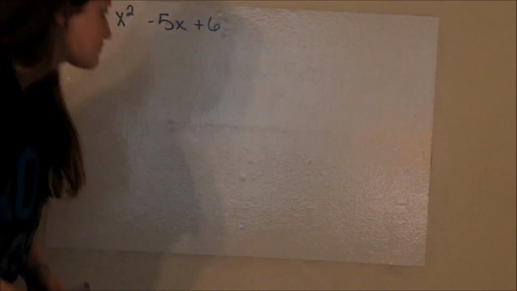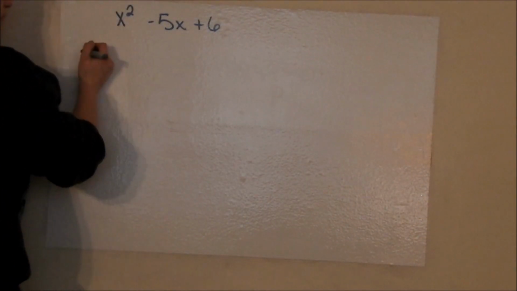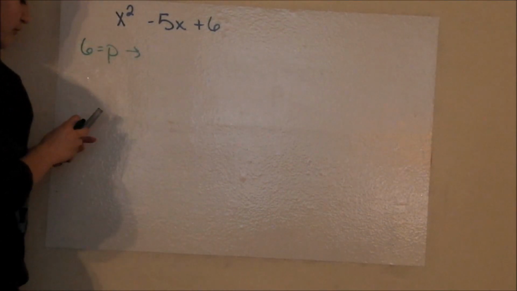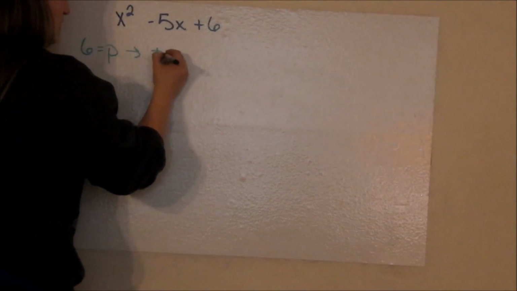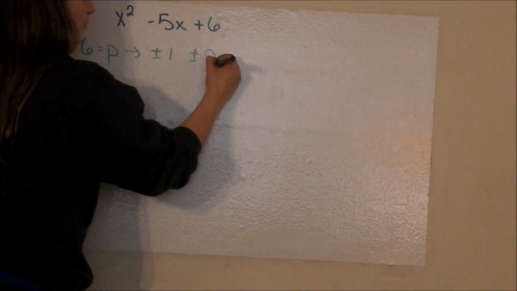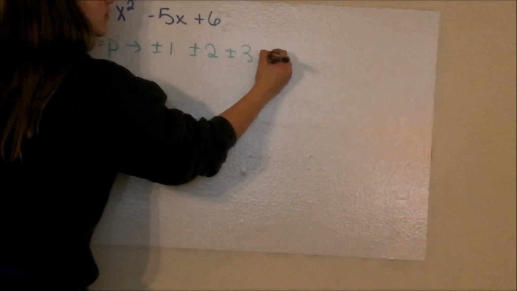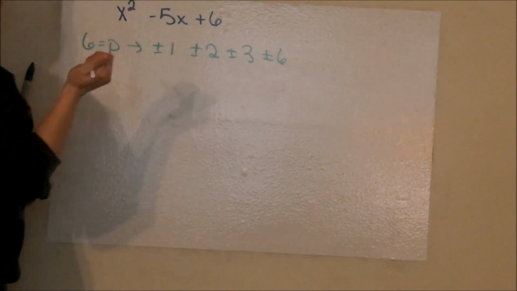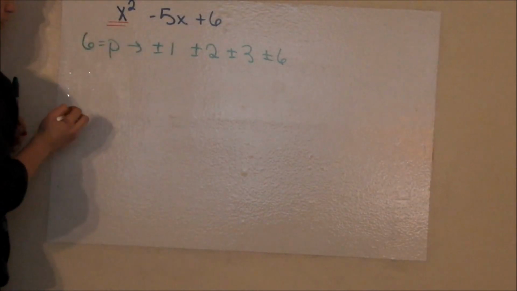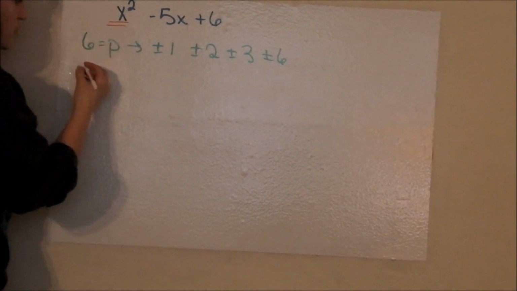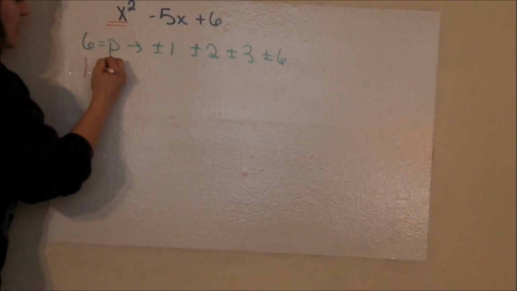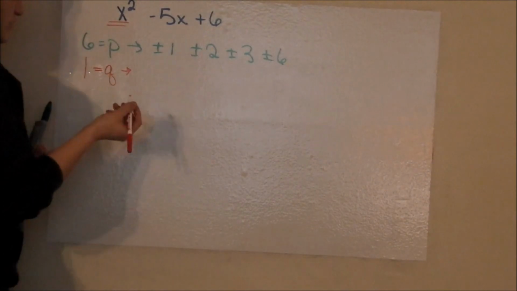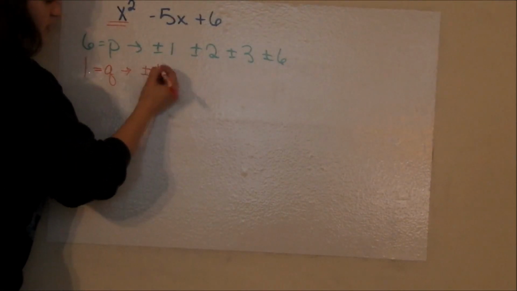So our P is what? 6. 6 equals P. So what are our factors of 6? We have plus or minus 1, plus or minus 2, plus or minus 3, plus or minus 6. Then we have to find the possible factors of our leading coefficient, which in this case is 1, and that equals Q. So the factors of 1 are 1 itself.